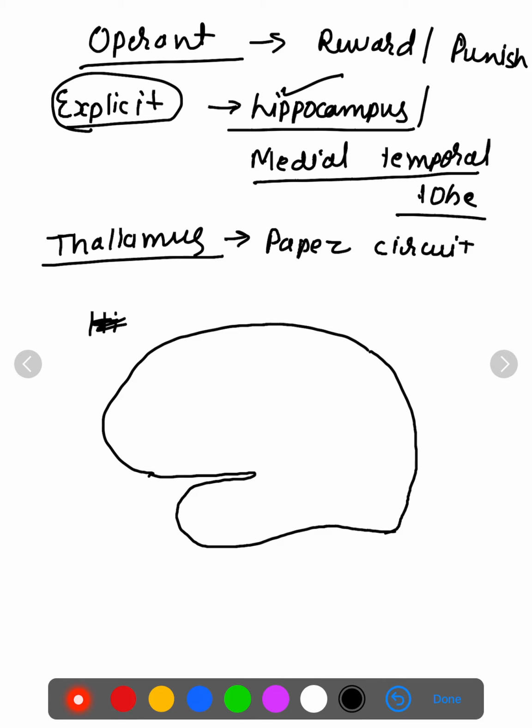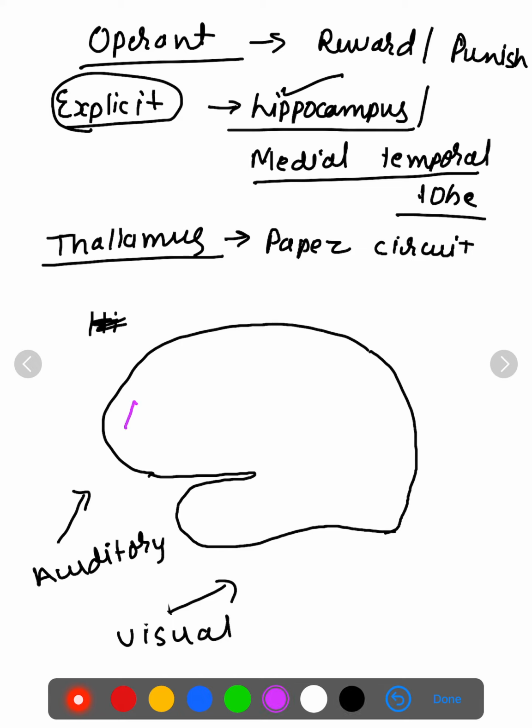Whenever you are getting new information, your visual, auditory, everything, from everywhere you are getting new information. Initially it goes to this area, which you can call the prefrontal cortex.